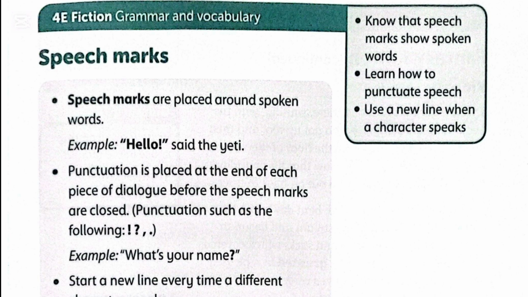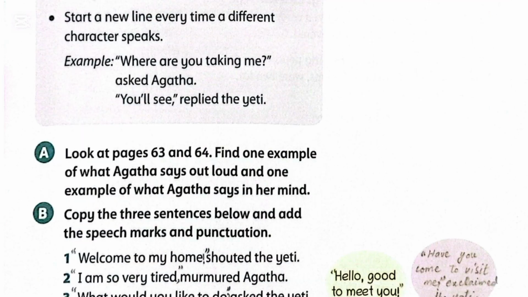So in writing, when we write a dialogue, we always write it in speech marks, and if there is any punctuation in the dialogue, we put that punctuation inside the inverted commas, and after that we put the speech mark. Start a new line every time a different character speaks. For example, if a dialogue is said by Yeti, we write it in speech marks, and then if a dialogue is said by Agatha, we write it on a new line with new speech marks.